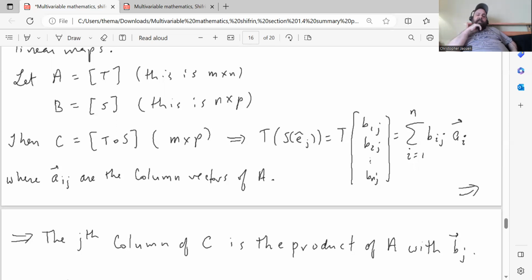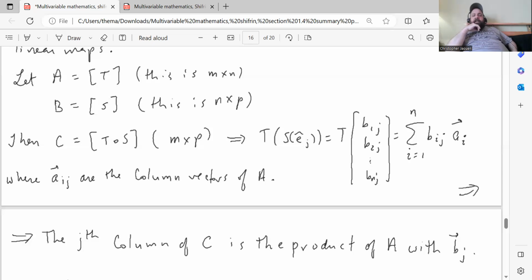All right, so the standard matrix of T is the matrix A, which is m by n. The standard matrix of the map S is B, which is n by p. Then the matrix C, which is the standard matrix for T composed with S, should be an m by p matrix, and we define it by just using the properties of linearity.